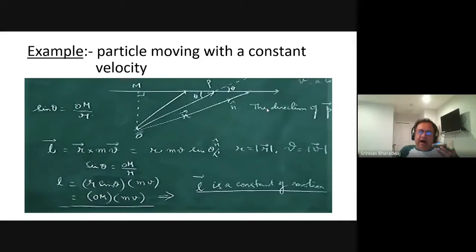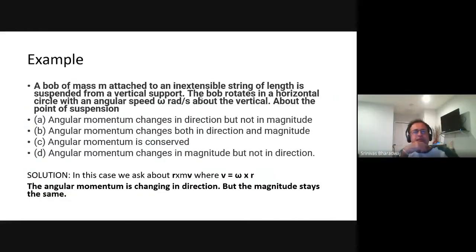Okay, because r sine theta is a constant. mv is a constant and r sine theta is also a constant. r sine theta is merely the height. So because of that, r cross mv stays constant even when a particle is moving in constant velocity.